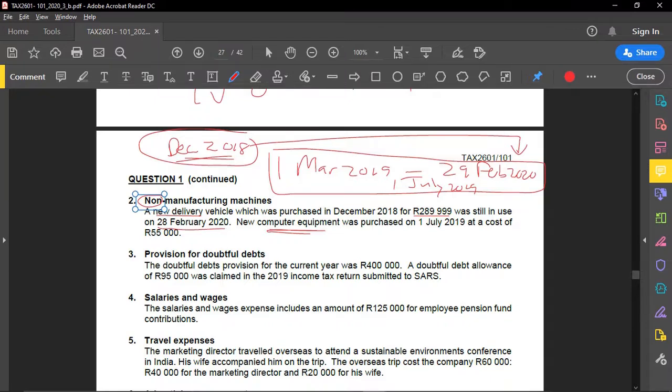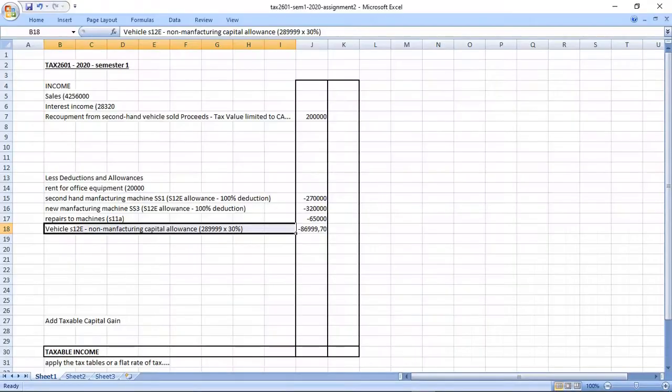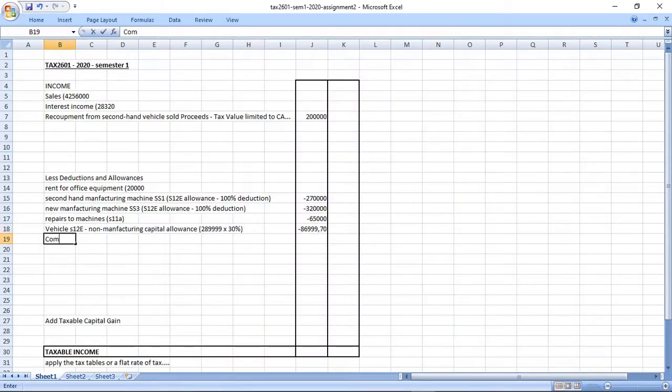Let's go back. Second part of this was the new computer equipment that was purchased on the 1st of July. Remember, section 12E will still apply here because this is an SBC, because this is an other type of asset, non-manufacturing in nature. The computer equipment would receive a 50% deduction from a section 12E capital allowance.